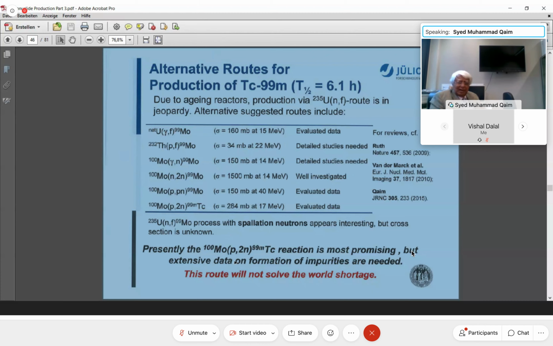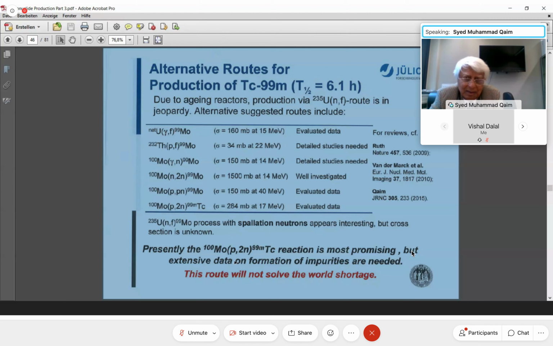Canadians have shown, because they had problems with the reactor, that the cyclotron can give you several curies of activity, almost 1 terabecquerel, which means several hundred curies, so gigabecquerels is possible. But still, I firmly believe that this route will not solve the world shortage. If there is a shortage in Europe, the cyclotron production in Canada cannot help us.